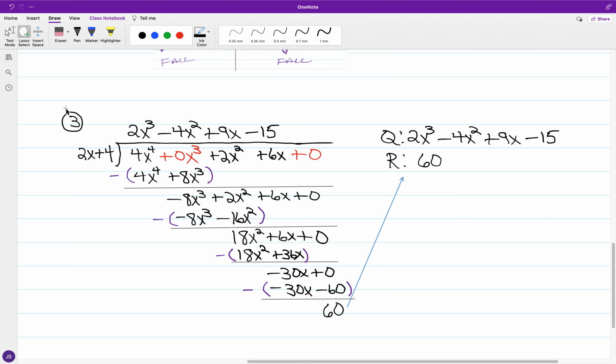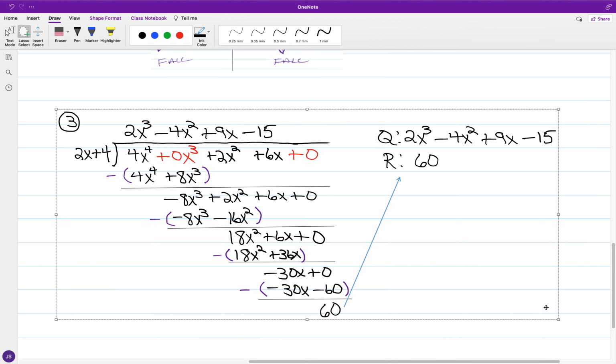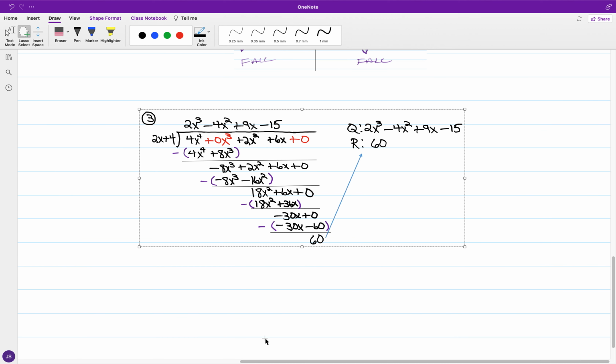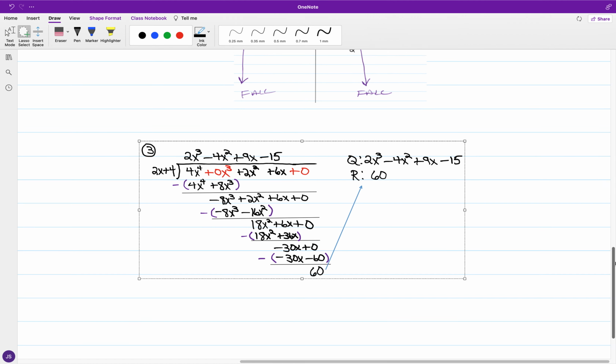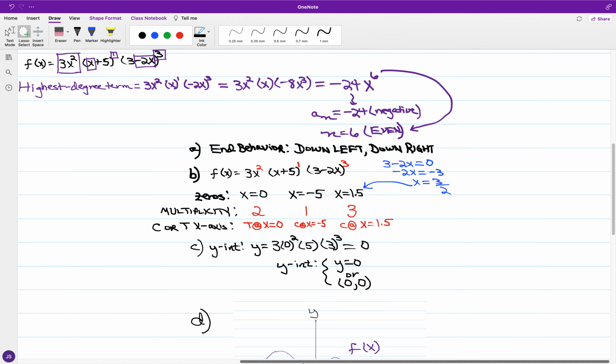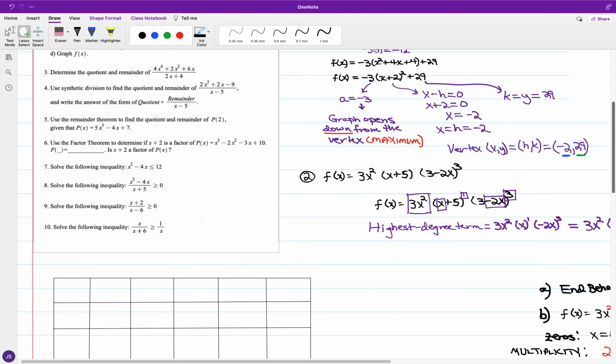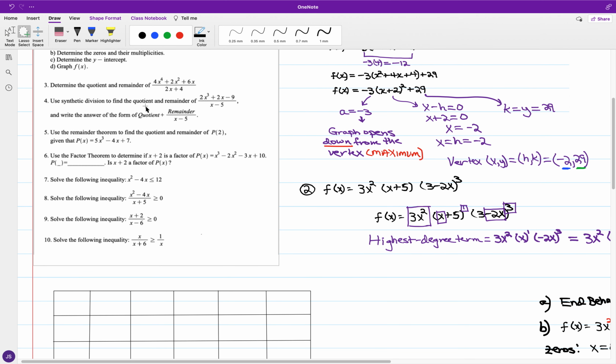Now, in the case of item number 4, we're still working with quotient and remainder, and in this particular problem, we're using synthetic division to find the quotient and remainder.